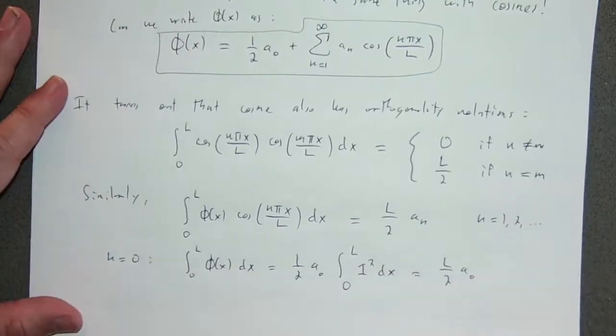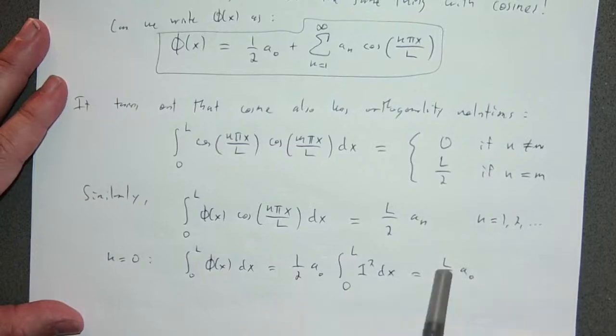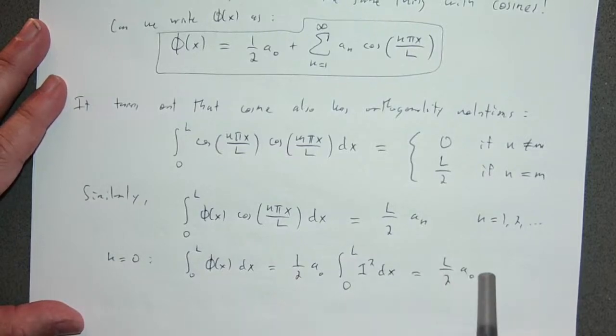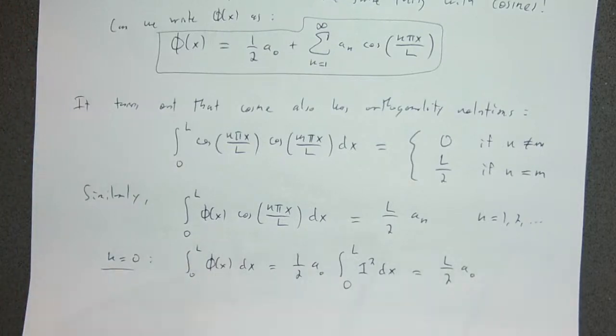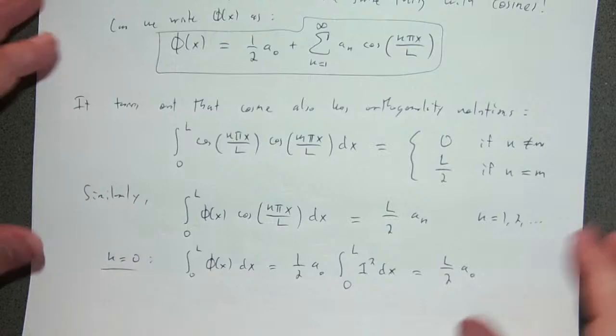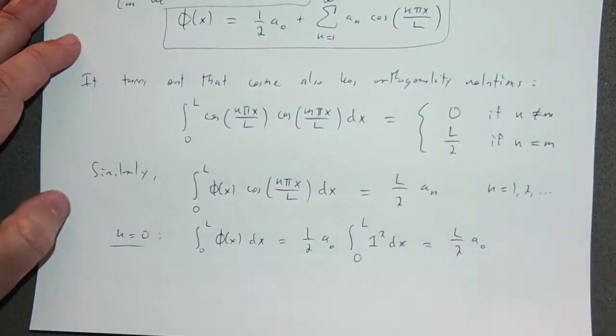So here's exactly why this 1/2 was included, so that I would also get L over 2 times a naught in the n equals 0 case, so that when I write this here in a second, I'm going to be able to do it on one line and not have to do stupid stuff.